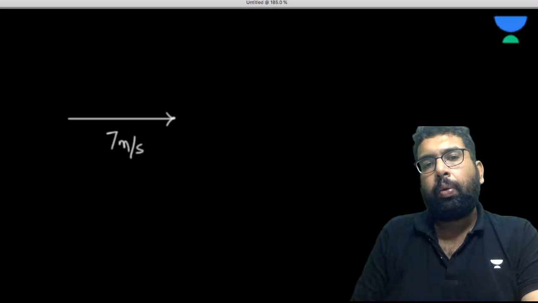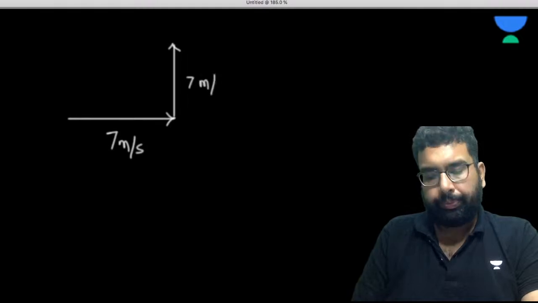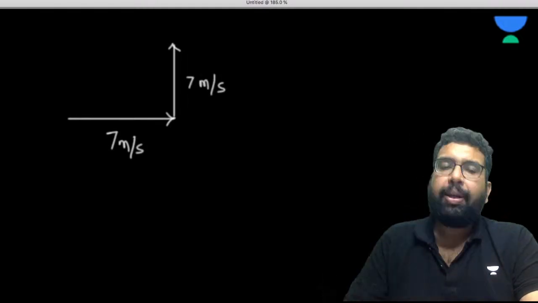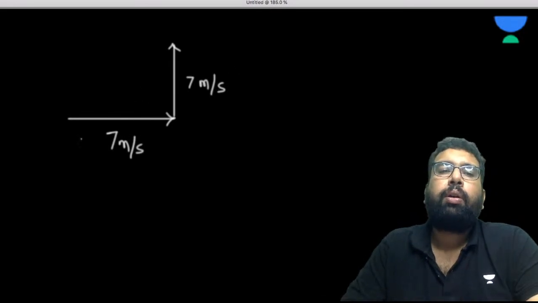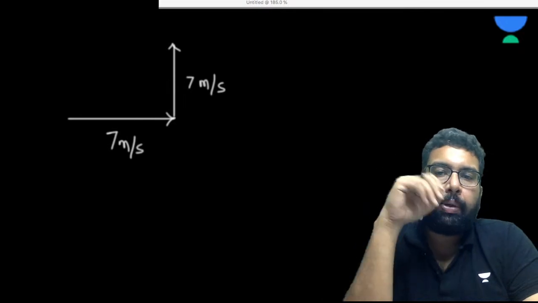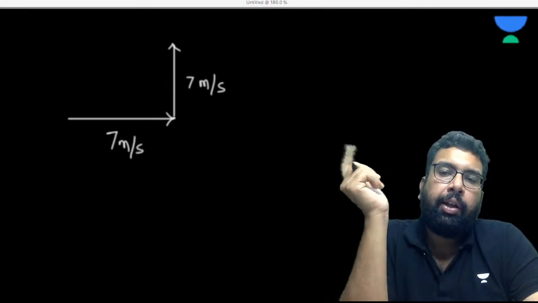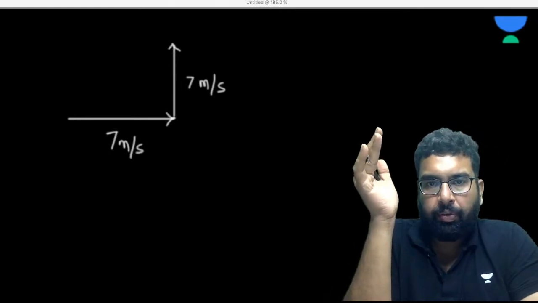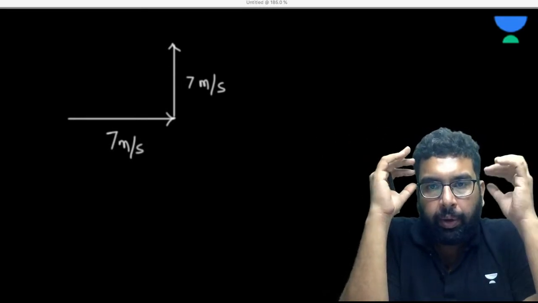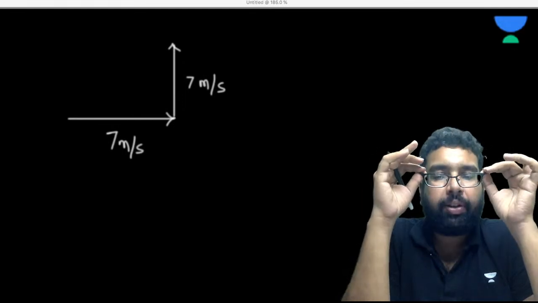Now, with the same speed, it turned to north. Will there be any acceleration? First tell me that. Someone moved at a speed of 7 meters per second in the east direction, then took a left turn and turned towards the north with the same speed. Will it have some acceleration?